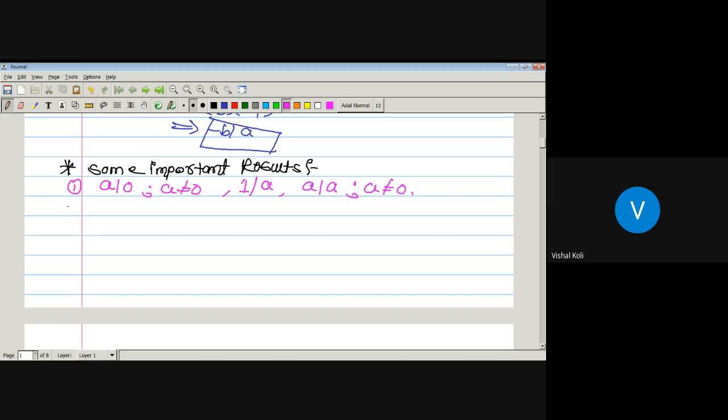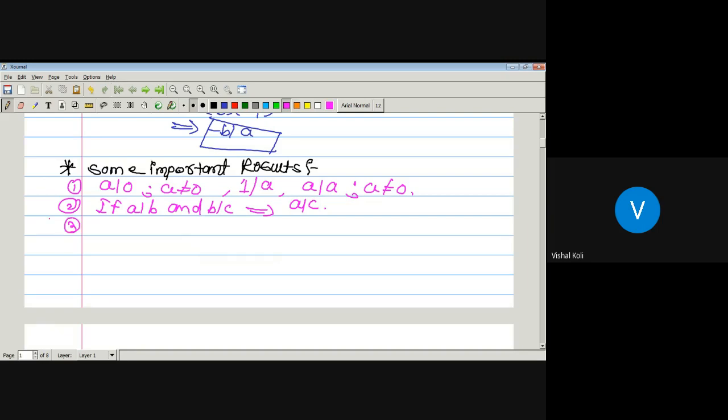Second one: if a divides b and b divides c, then what is the relation between a and c? a must divide c, which is by the transitive property of divisibility.